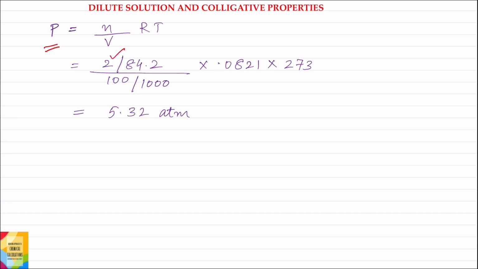So number of moles of the volatile liquid will be 2 divided by molecular weight of the volatile liquid, that is 84.2, divided by volume of the solution, which is 100 centimeter cube, and in liters it is 100 divided by 1000 liters, into R, value of R is 0.0821, into T, temperature at which we have to find out the osmotic pressure is 0 degree centigrade, which is equal to 273 Kelvin. Solving, the osmotic pressure is 5.32 atmosphere.